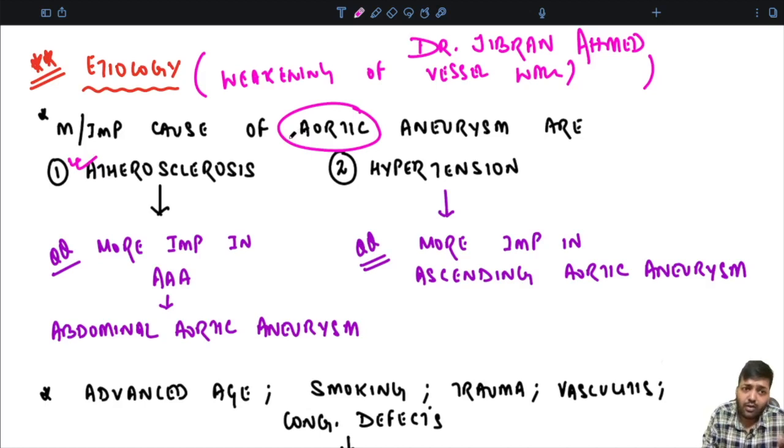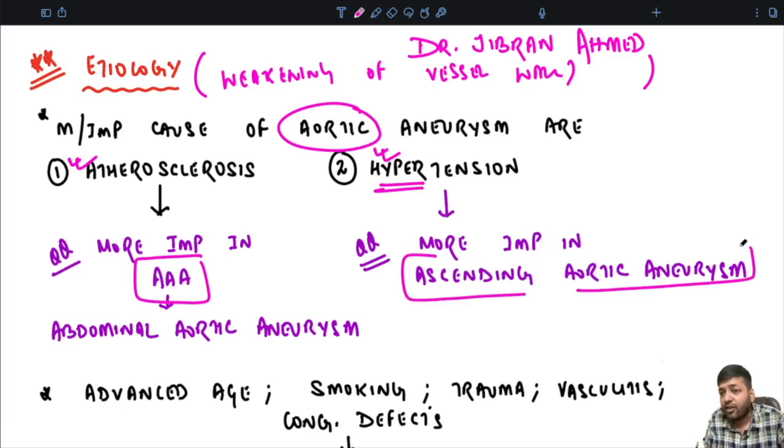Remember, atherosclerosis is the most important cause of abdominal aortic aneurysm, whereas the other important condition is hypertension. Hypertension is most important in ascending aortic aneurysm. Both play a role, but atherosclerosis is more important in abdominal aortic aneurysm, whereas hypertension is more important in ascending aortic aneurysm.